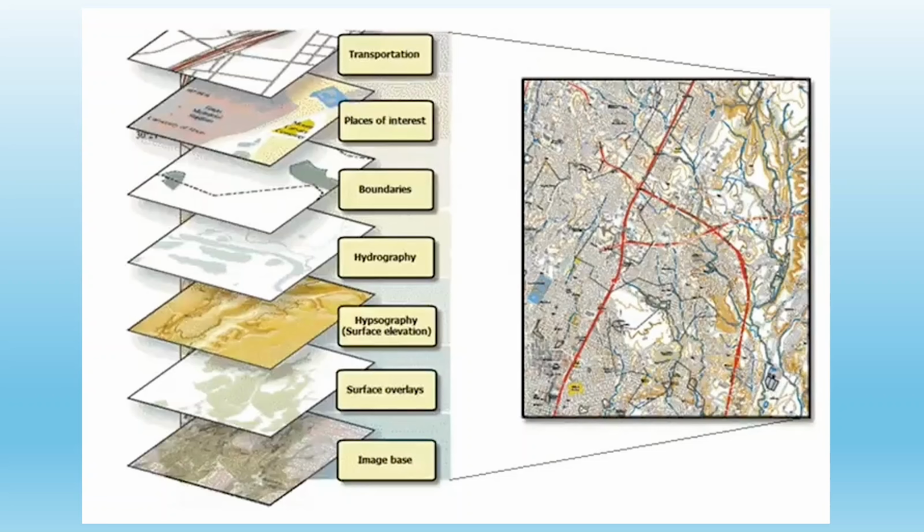So when you bring up a map on your phone, you're navigating to a place, this is a pretty good representation of your average map. And it's made of layers. And as I said, those are the layers that we'll be bringing in to create maps. So at the top there, it shows transportation, which is roads and trails and things, places of interest, McDonald's or a park or anything like that.